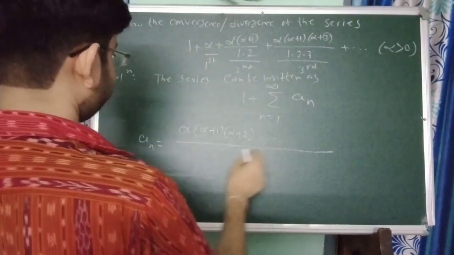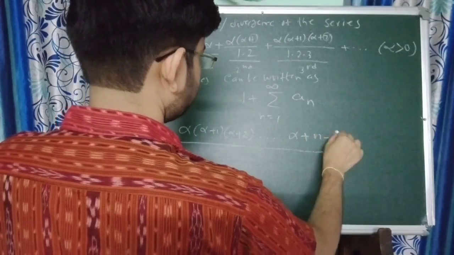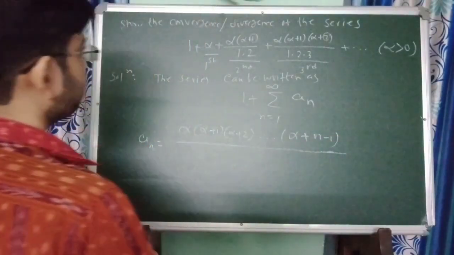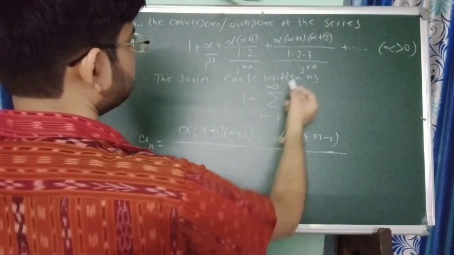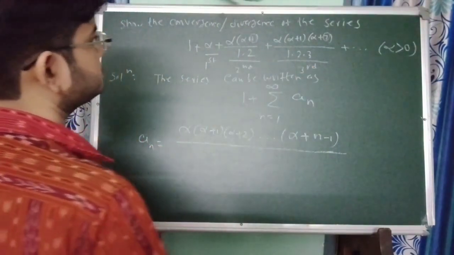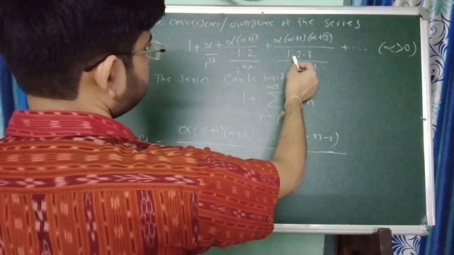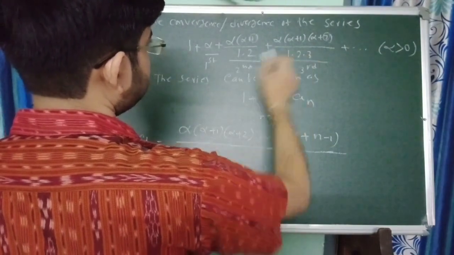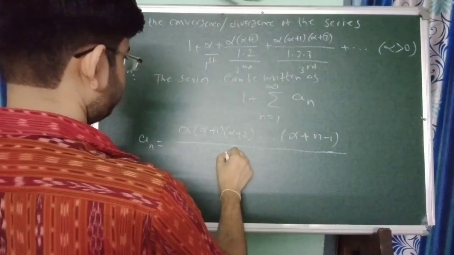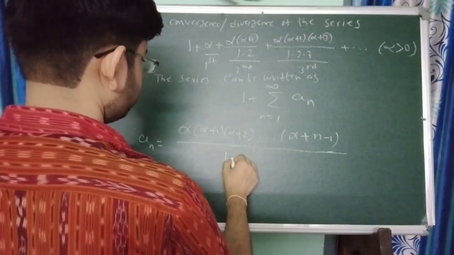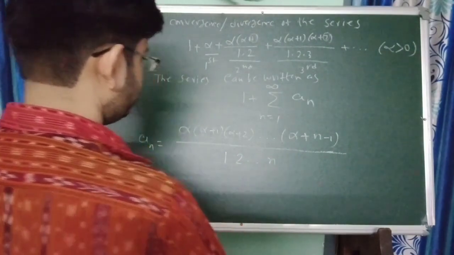Similarly, in the nth term, the last term is alpha plus n minus 1. And in the denominator part, which is very easy basically, third term last term is 3, 1 into 2 into 3, second term 1 into 2, first term 1, only 1. So in the nth term, in the denominator part, it starts from 1 and ends at n.